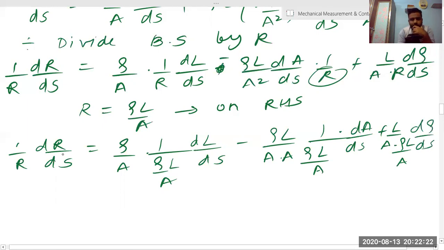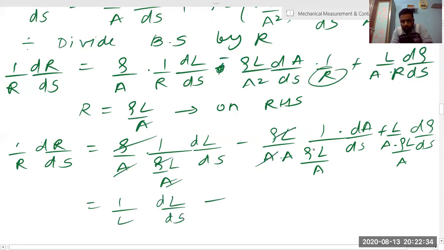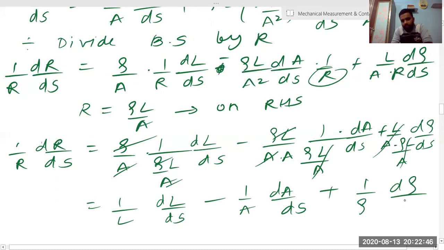Rho eliminated, A eliminated, what will remain is 1 by L dL by dS, then minus 1 by A dA by dS, and 1 by rho d rho by dS. So this is equal to 1 by R dR by dS.